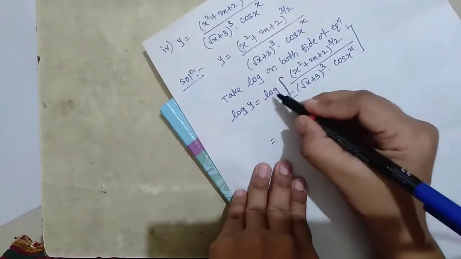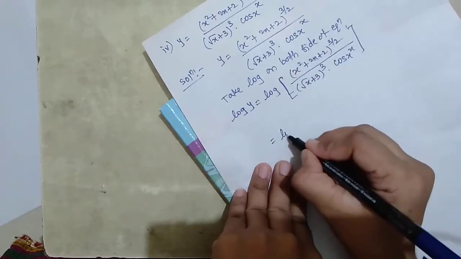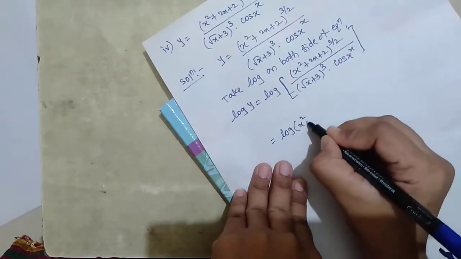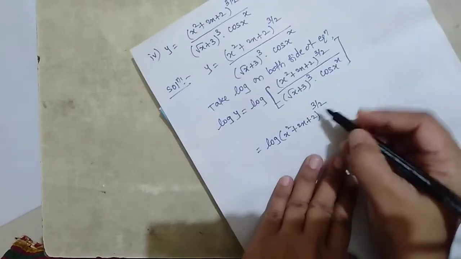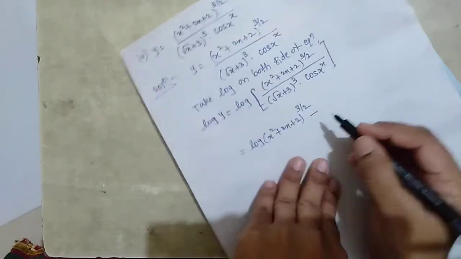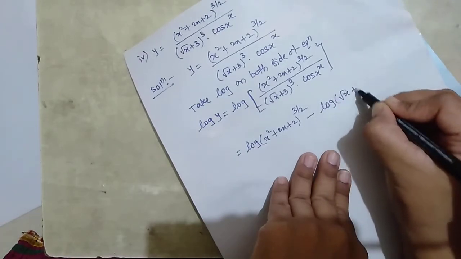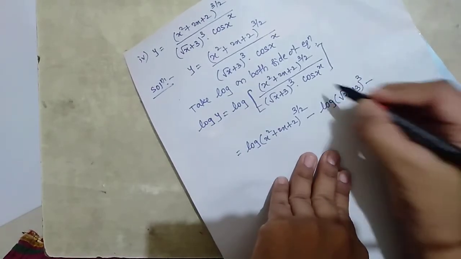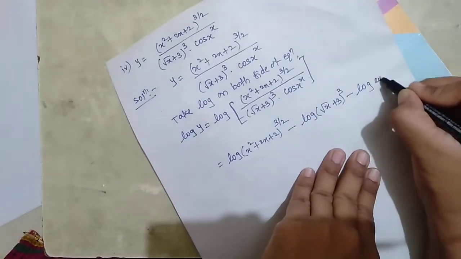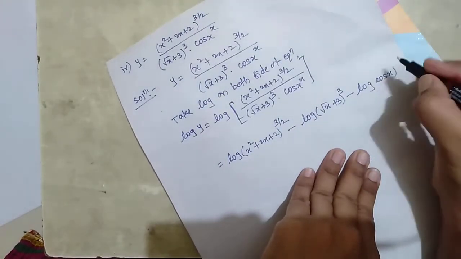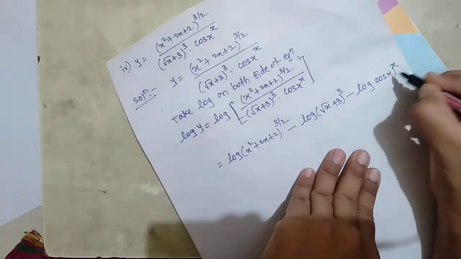So it is equal to log of x square plus 2x plus 2 raised to 3 by 2, as this term is in the numerator. As it is in the denominator, we will take the minus sign: minus log of (root x plus 3) whole cube. The second term is also in the denominator, so it is log of (cos x) raised to x.